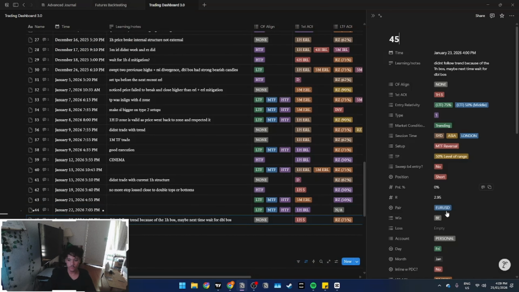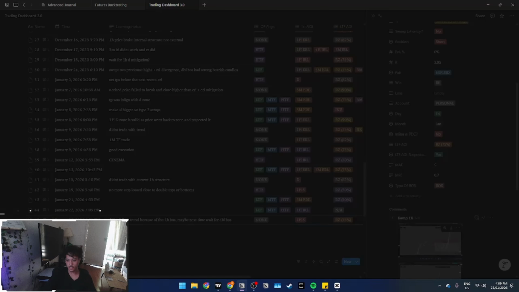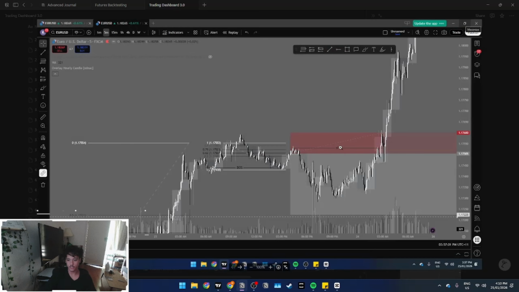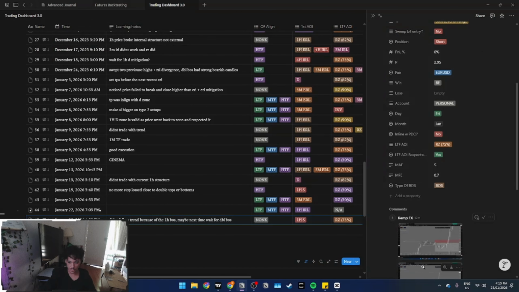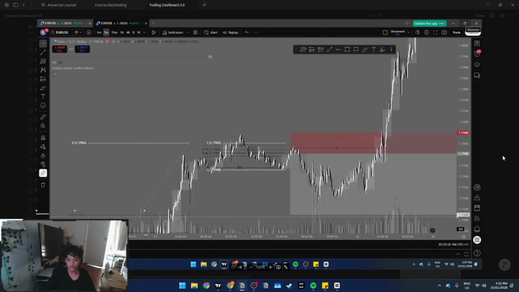Next up, we have Euro USD again. This was a middle time frame reversal type of trade, and we did result in a break even. So let's have a look. So this is more of a sell zone for me, long wicks, and we were currently high in the range for Euro USD.